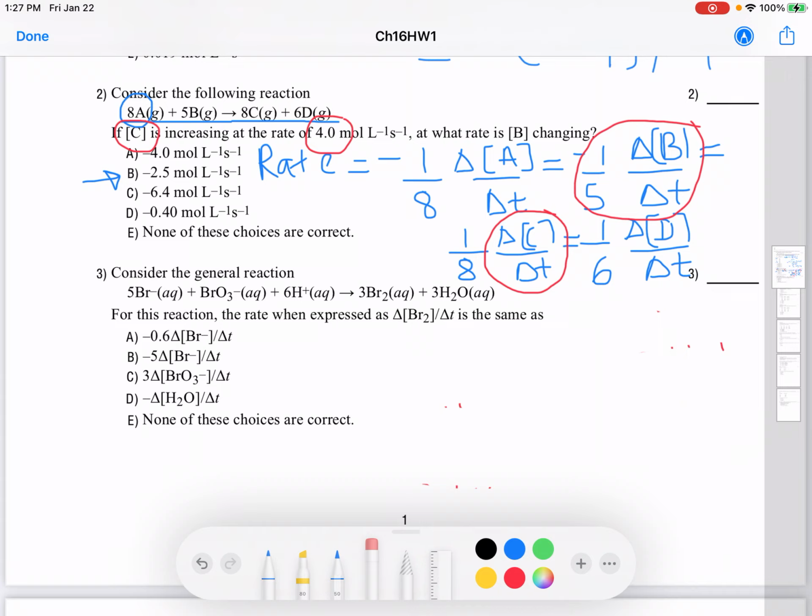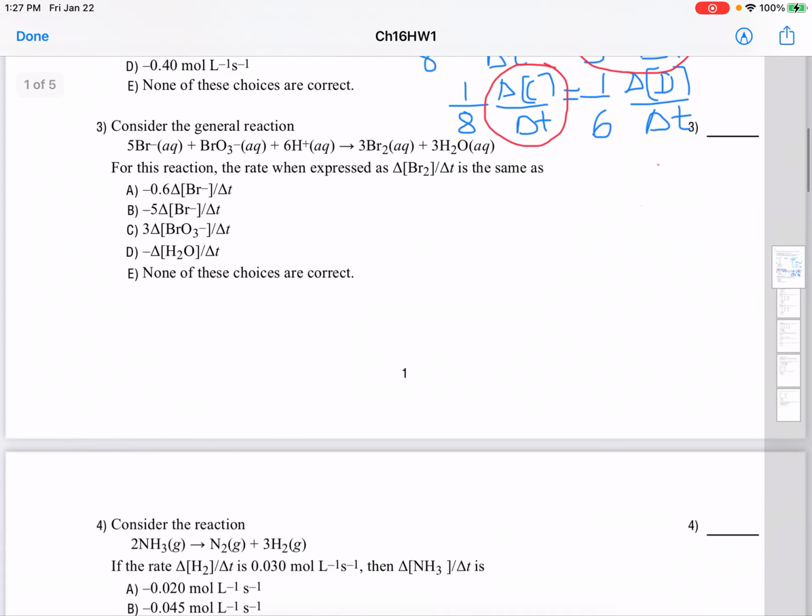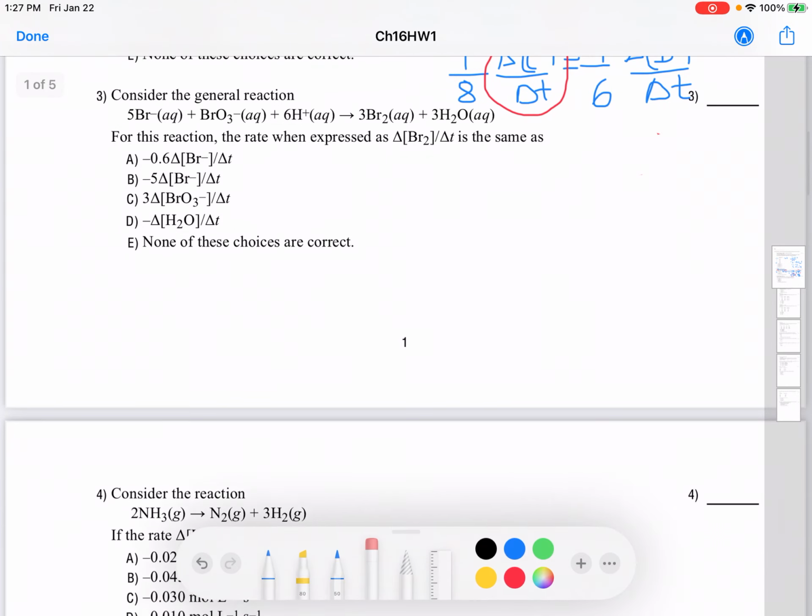Now let's look at the next question, which is number 3, and is also similar to what we just did. Consider the general reaction. We have this reaction given. For this reaction, the rate when expressed as delta bromine over delta T is the same as, so it's going to relate to Br minus, bromate and water.